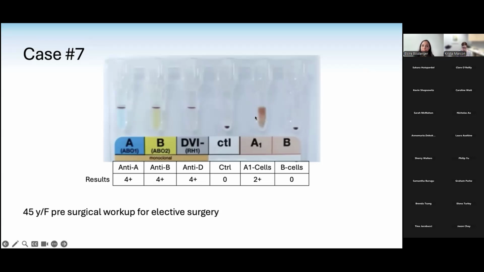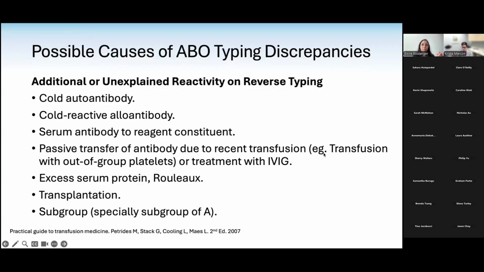If this antibody reacts at cold temperature, then it doesn't matter. We could still give A positive blood cells, or in this case AB positive or A positive. But if this reaction still happens at 37 degrees, then for sure we won't be able to give any red blood cell that contains an A antigen.